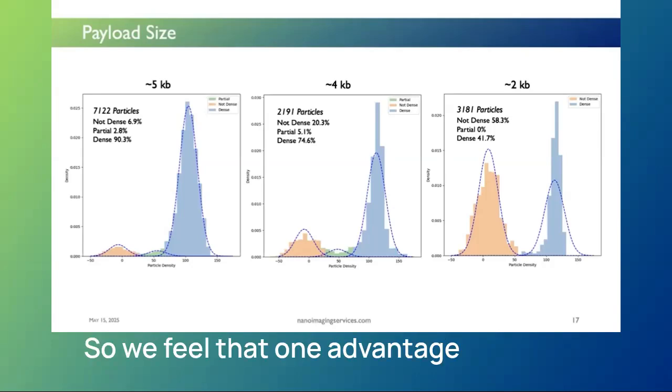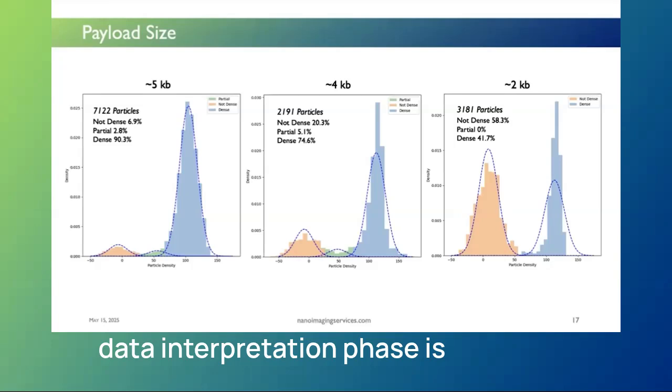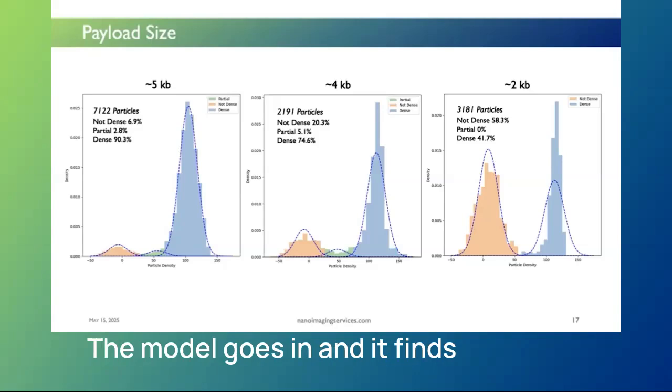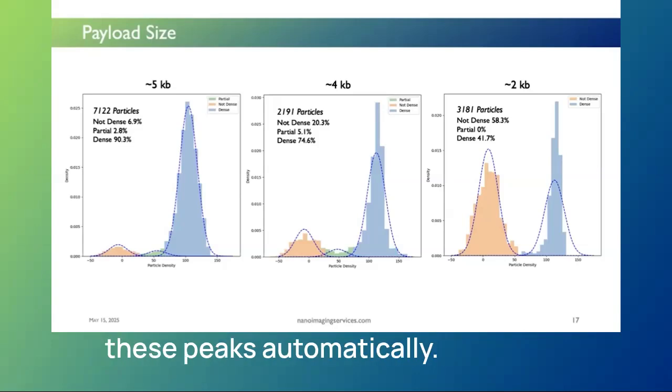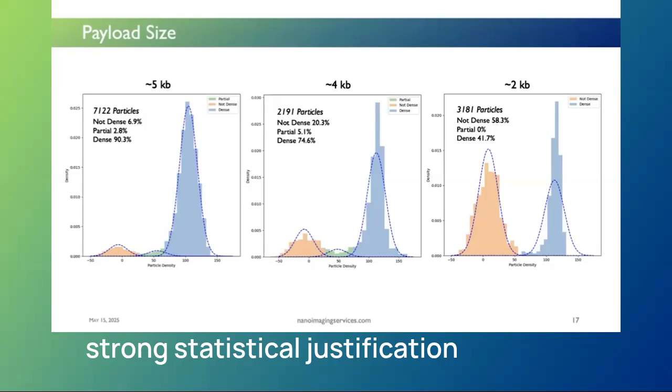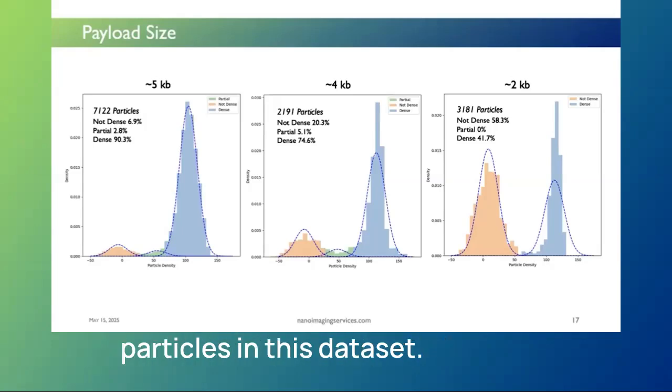So we feel that one advantage of our method is that the data interpretation phase is completely automated, and there's no room for subjective interpretation of these plots. The model goes in and it finds these peaks automatically. And in this case, there was no strong statistical justification for concluding that there was a distinct peak of partial particles in this data set.